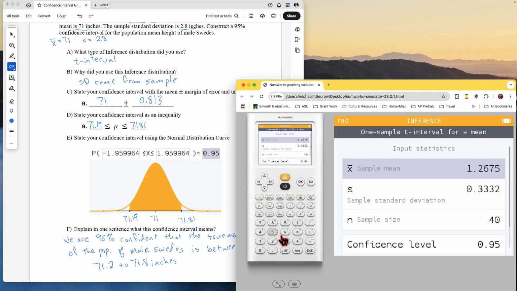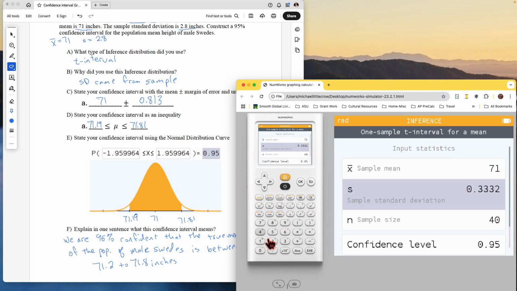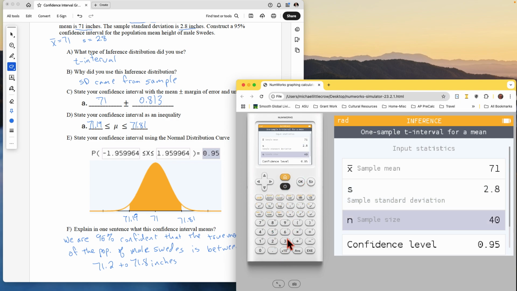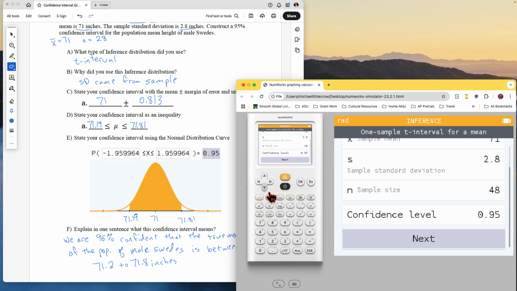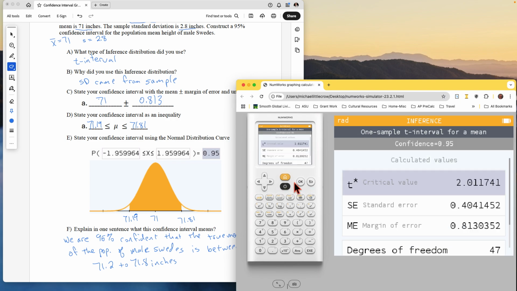I'll let this change. 71 in here. And we had 2.8 in here. And then we had 48 here. Got all that.